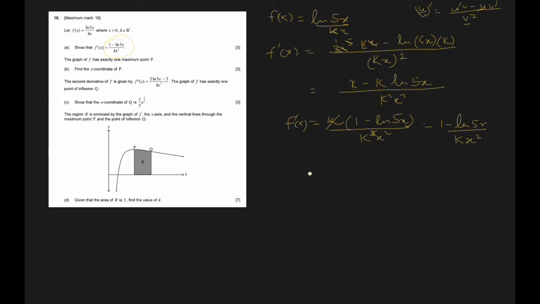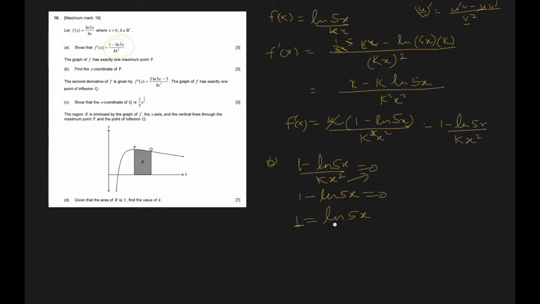This is the first derivative we just found out. So for B part, this first derivative 1 minus ln 5x over kx square will be equal to 0. Kx square will multiply with 0, it vanishes. We are left with only 1 minus ln 5x equal to 0. So let's take ln 5x to the right side. It becomes positive, 1.